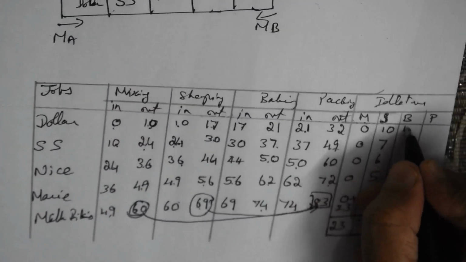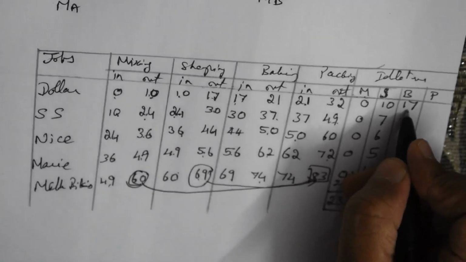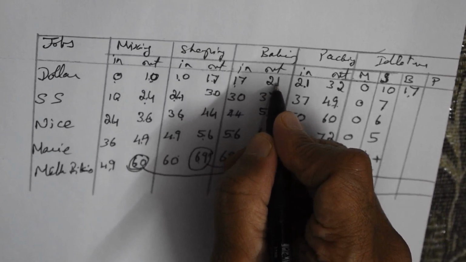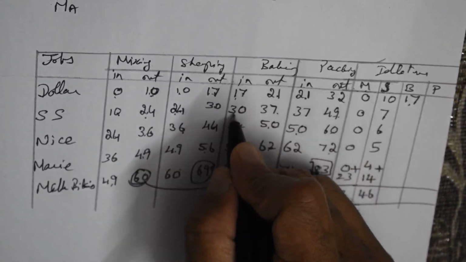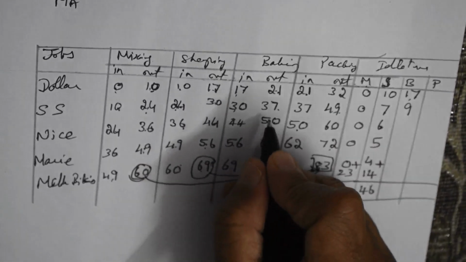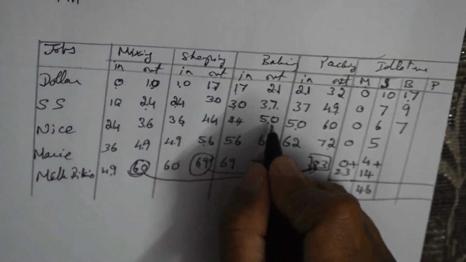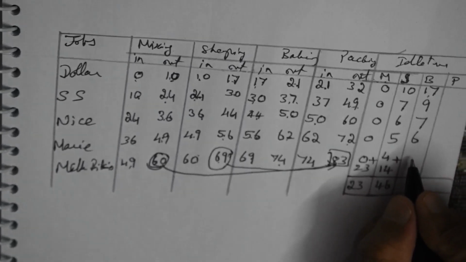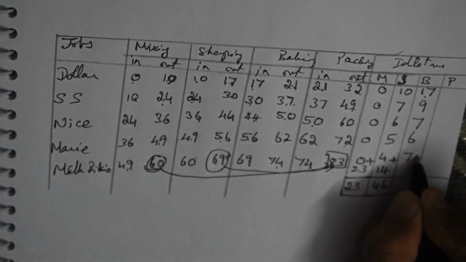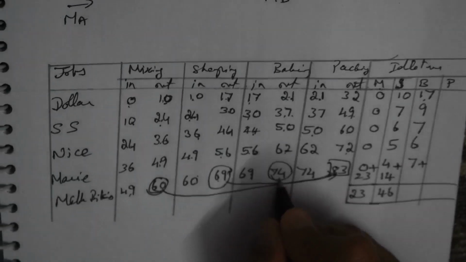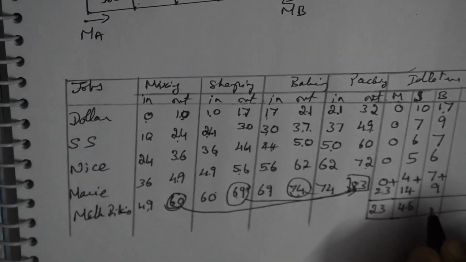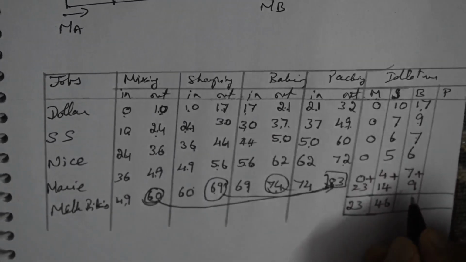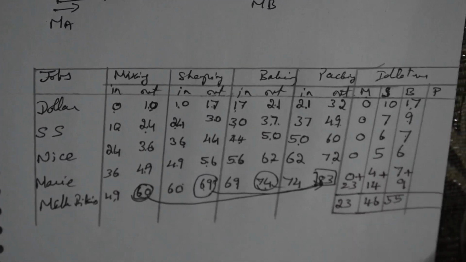For baking, we start at 17, so 17 minutes it's idle. Then the next job starts at 30, while it finishes the previous job at 21. 21 to 30, 9 minutes it is idle. 37 to 44, 7 minutes it is idle. 50 to 56, 6 minutes it is idle. 62 to 69, 7 minutes it is idle, plus 74 to 83, 9 minutes idle, which means 26, 33, 39, 46, 55.